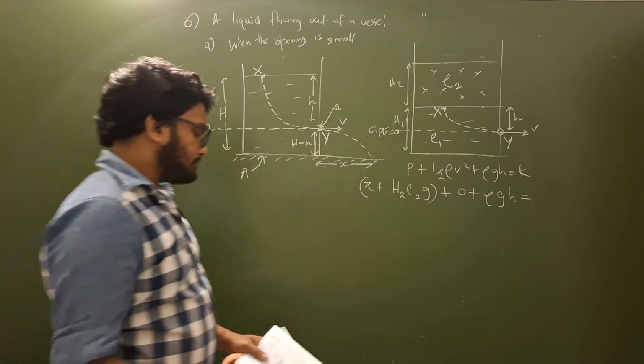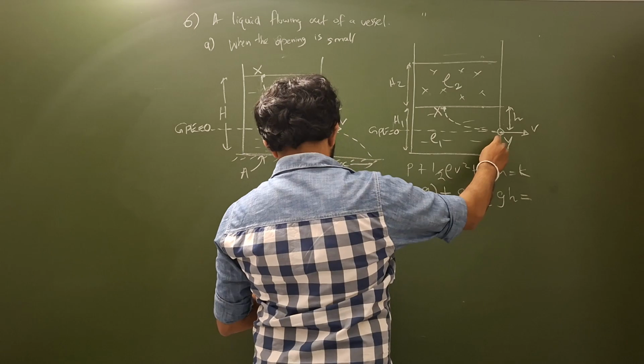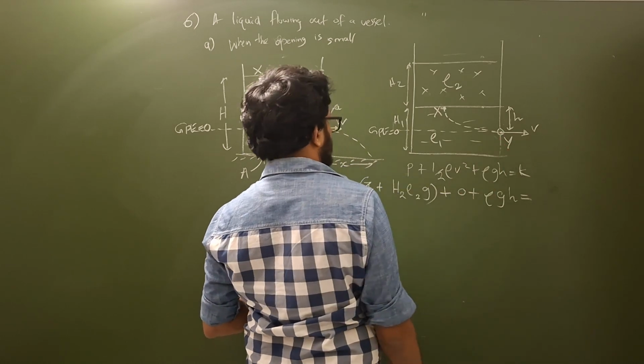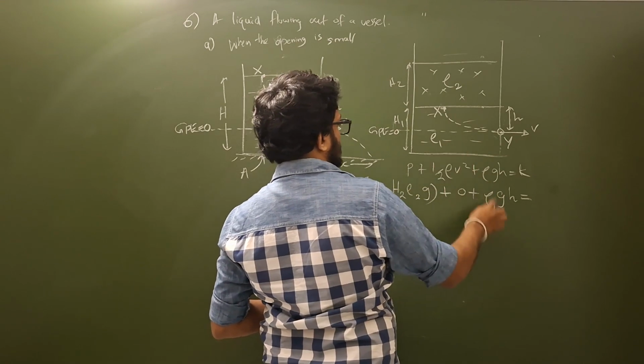Let's write Bernoulli at this place, this liquid is rho 1.